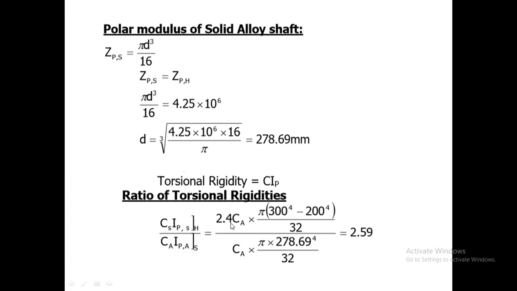So in this formula you just substitute Cs, that is the rigidity modulus of steel, as 2.4 Ca or Ga. So Ga will get cancelled here, and polar modulus of the hollow shaft is known, diameters are known, and similarly polar modulus of the solid shaft diameter is known. Substitute the values and you will get 2.59 as the ratio.